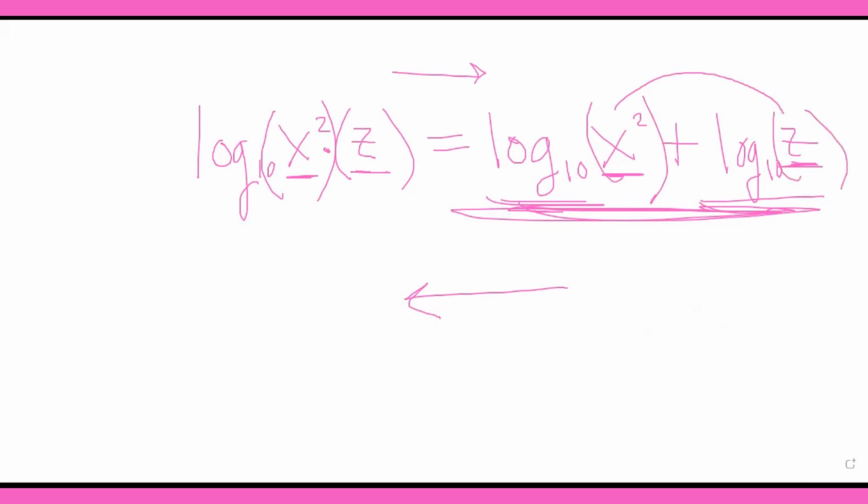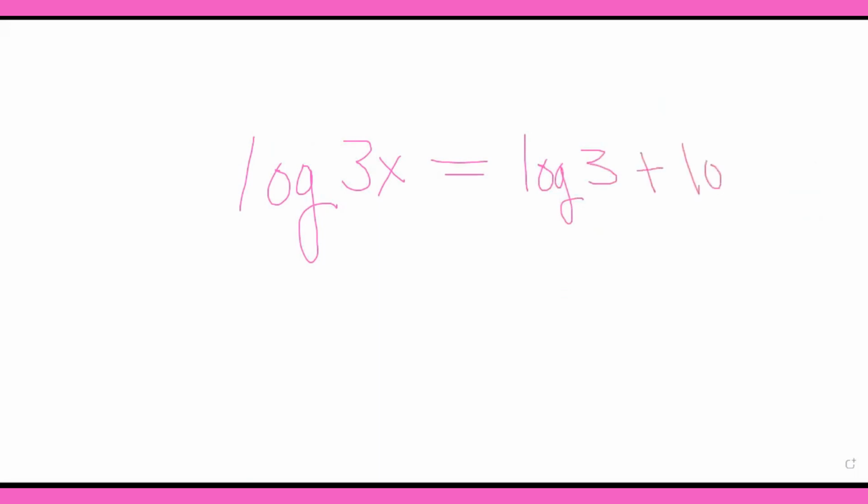So let's try another one. If we had log base 10, let's say, of 3x, we could write that as log base 10 of 3 plus log base 10 of x. So in this case, this isn't anything nice.